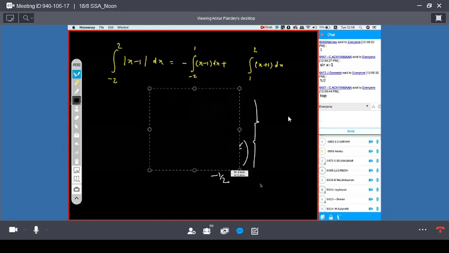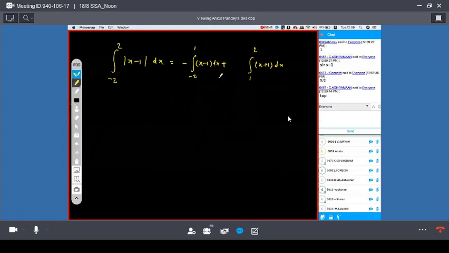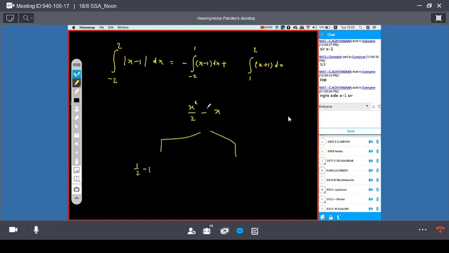If you want, I can comprehend also. No problem, beta. Integration is x square by 2 minus x. When I put x equal to 1, I get 1 by 2 minus 1. Clear? When I put x equal to minus 2, I get 2 minus 2. Got it?